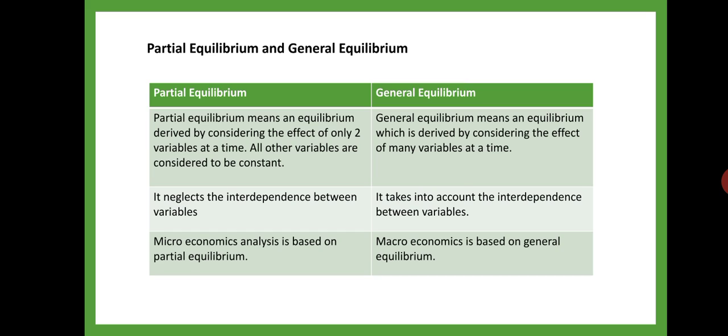Microeconomic analysis is based on partial equilibrium. Why? Because here we are focusing only upon the individual, only upon the particular. So in microeconomics you are going to study partial equilibrium. But general equilibrium is based on macroeconomics, as it is based on many factors, many variables together.